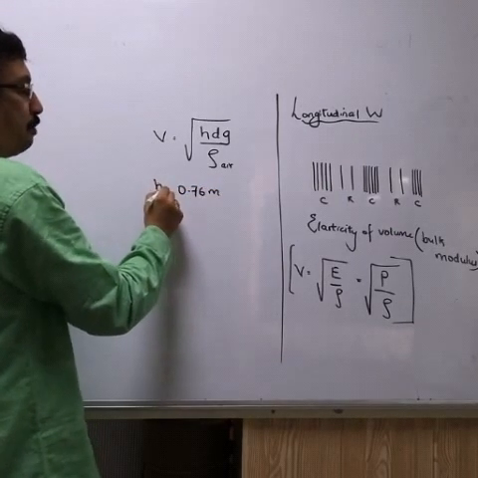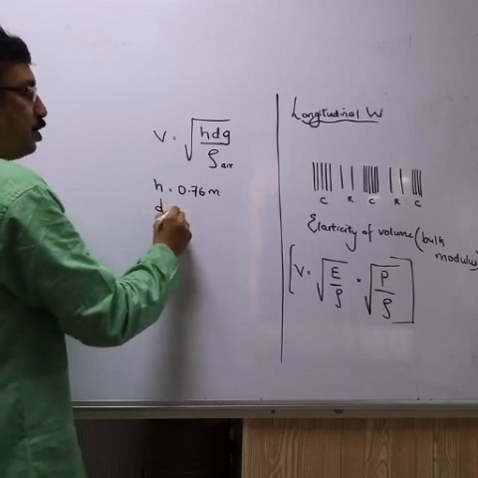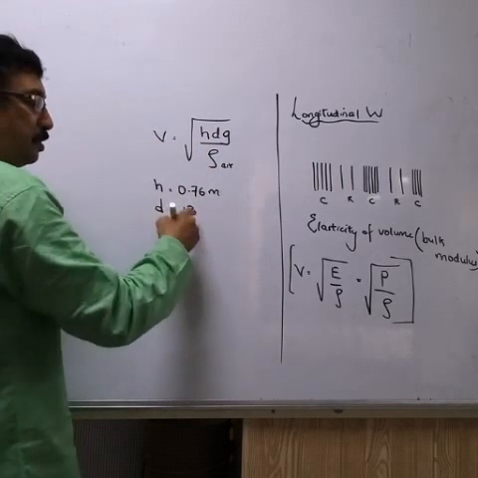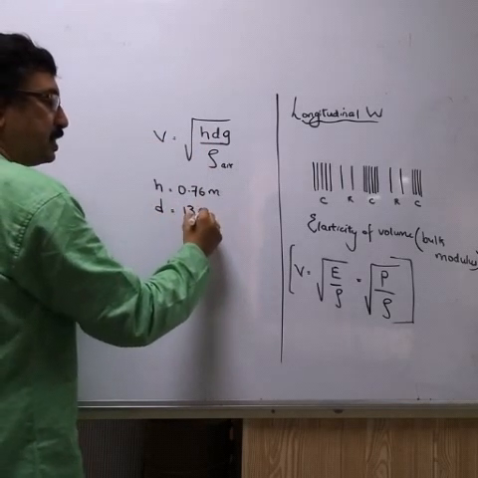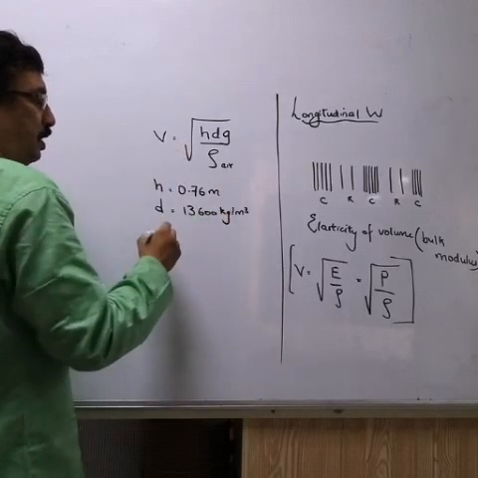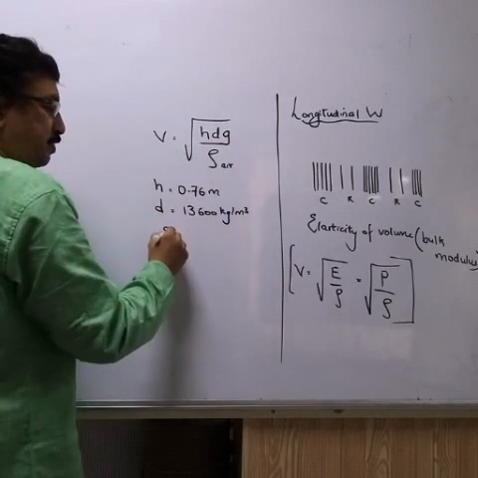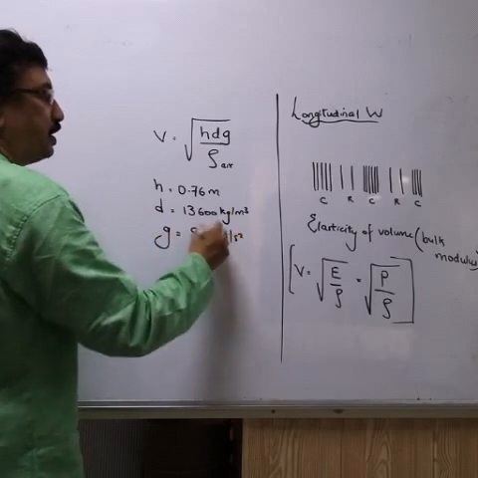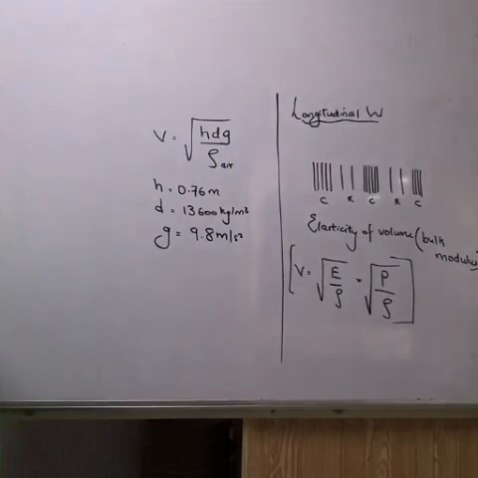D is the density of mercury, around 13,600 kg per meter cube. G stands for acceleration due to gravity, 9.8 meter per second square, and rho stands for density of air.